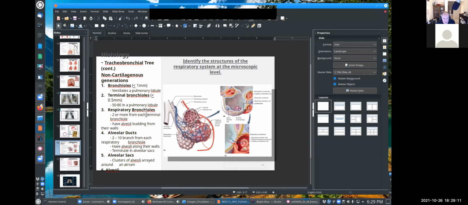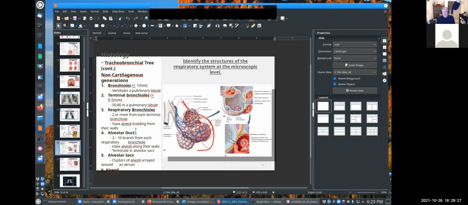So you have these lobules, and these could be test questions. They go into the respiratory bronchioles, then the alveolar ducts, which is kind of the last branch, and you're down where it's starting to get hard to tell.